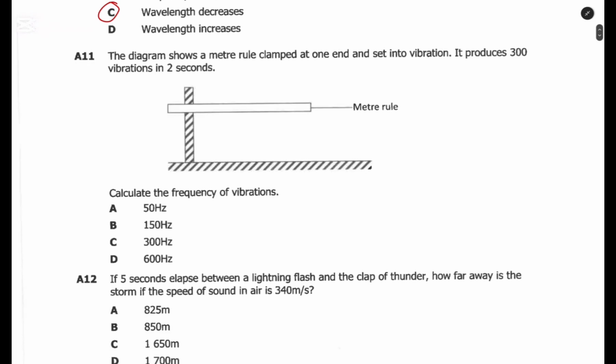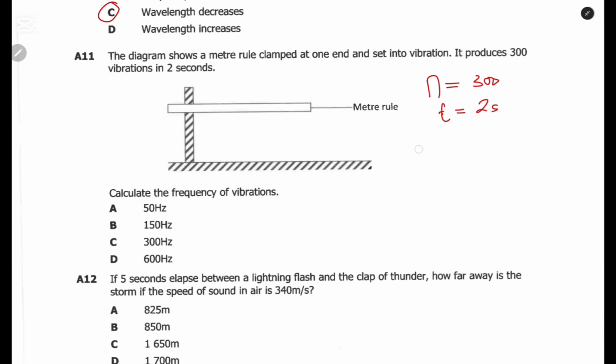Question 11, the diagram shows a meter rule clamped at one end and set into vibration. It produces 300 vibrations in 2 seconds. Calculate the frequency. The number of complete vibrations is 300, as indicated here, and the time taken is 2 seconds.